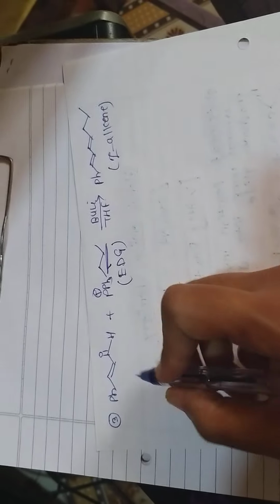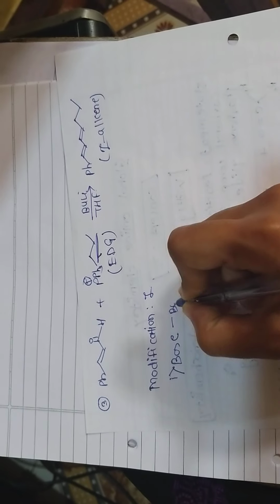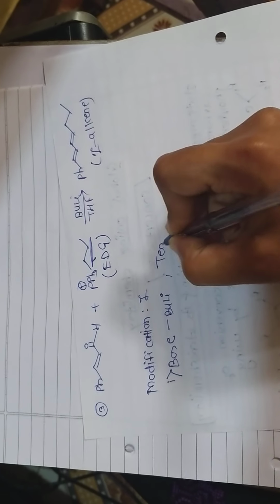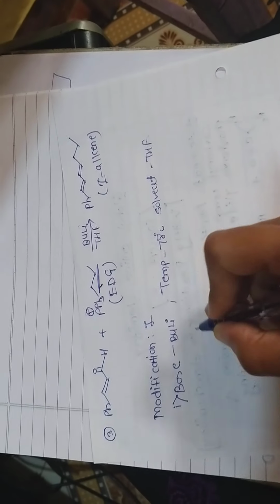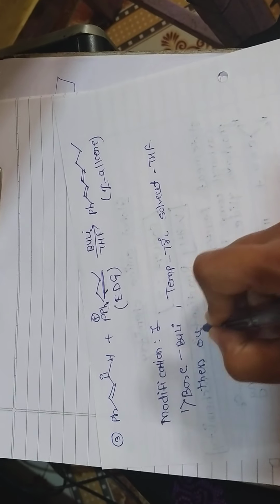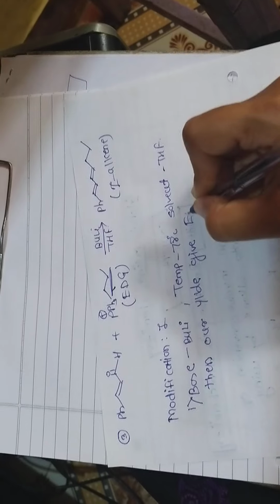In that we have one modification. First, if our base is butyl lithium, temperature is about minus 78 degrees Celsius, and if we use solvent as THF, then our ylide gives E alkene as a major product.